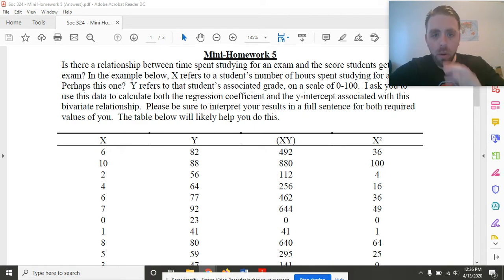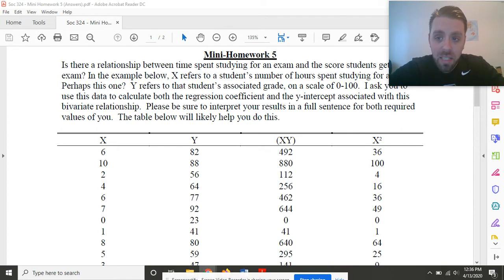So getting into the problem, is there a relationship between time spent studying for an exam and the score that students get on that exam? I am wording this problem in such a way where X is clearly going to be time studying for the exam. Put another way, X, my independent variable, is how much time you put studying into the exam.